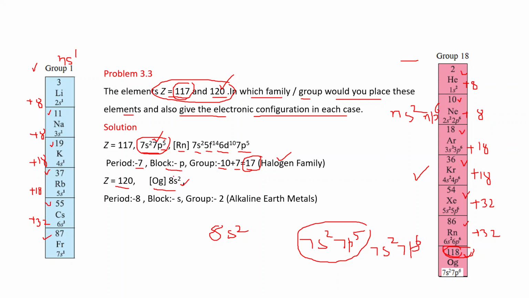From this we can find out that 8 is the principal quantum number of the outermost shell. That's why period is 8. The last electron enters the s subshell. That's why this is an s block element. And the number of valence electrons is 2. That's why group is 2. And this belongs to the alkaline earth metals. I think you are able to find out the group, period and block if the atomic number is given to you.